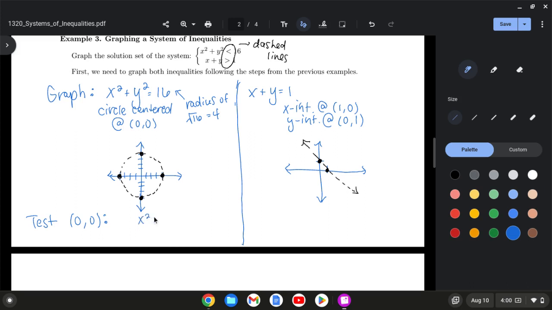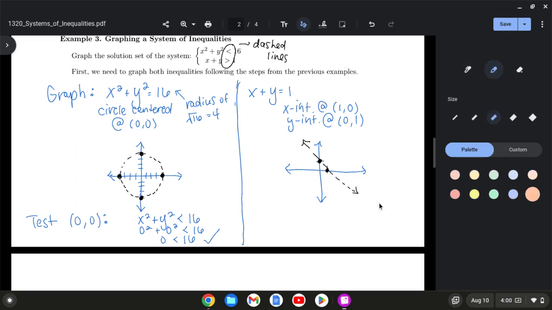So we have x squared plus y squared strictly less than 16. Plugging in 0 for our x and y, we have 0 squared plus 0 squared, which is 0. So now we have the statement 0 is less than 16, which is true. So remember, because it's true, that means we're going to shade the interior of our circle because that is the region that contains our test point that was true.